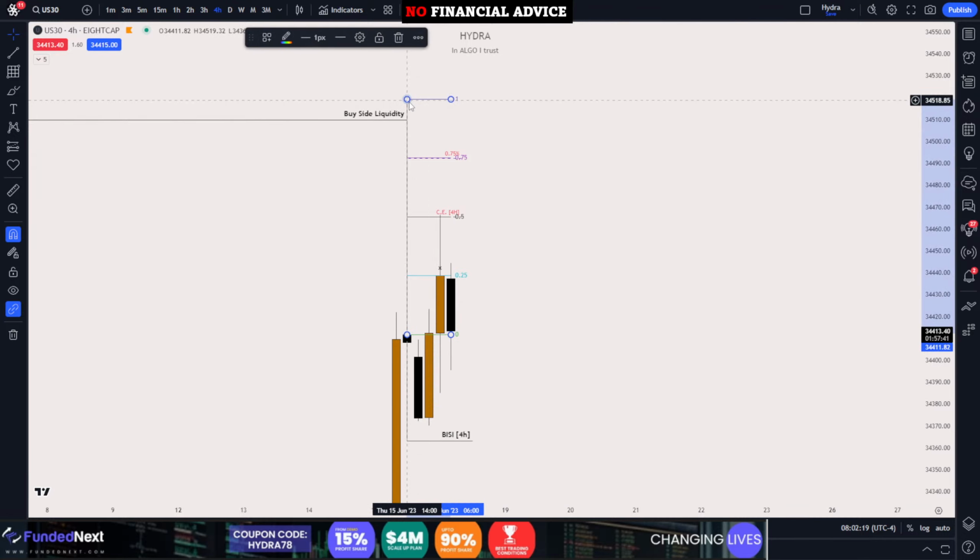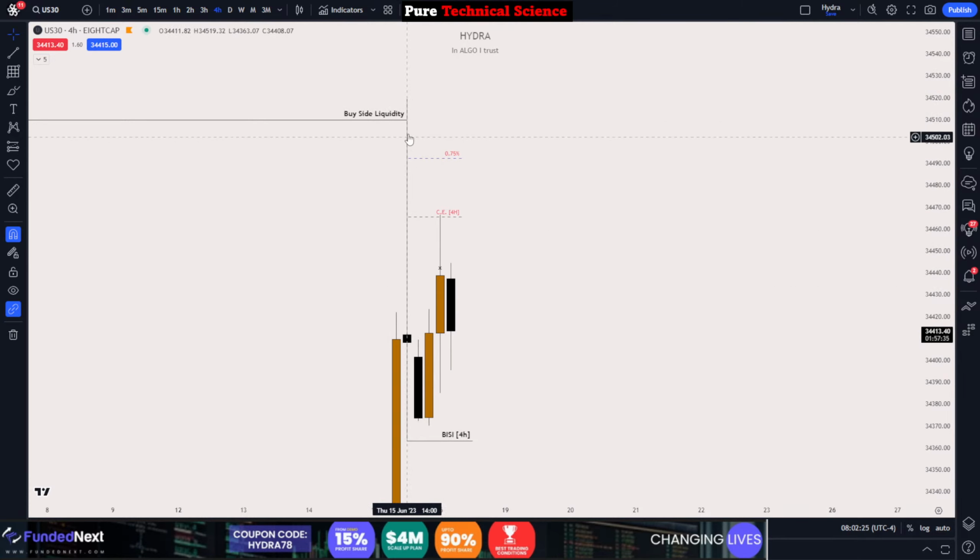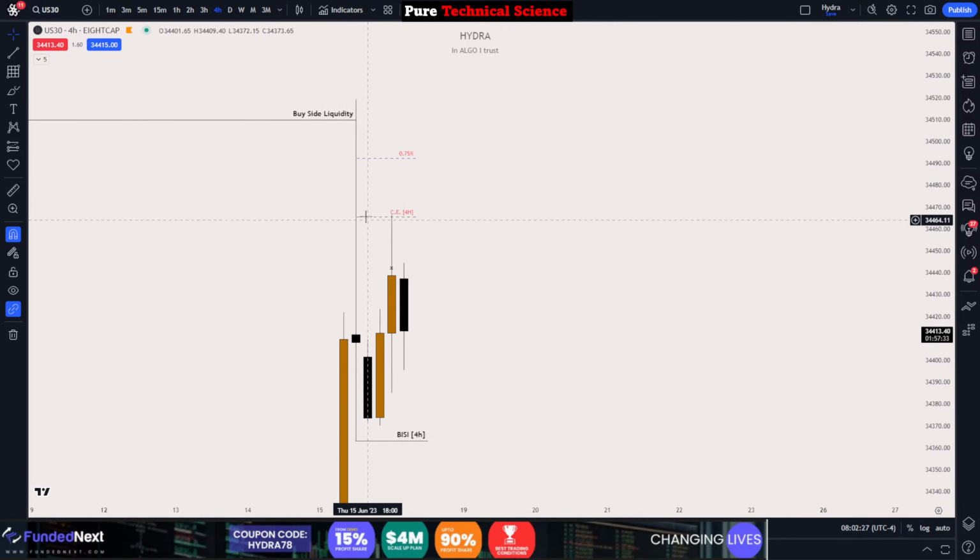We put our gun box, the measurement tool, here and measure the distance of the wick, and the consequent encroachment of this wick is right here. And as you can see, price came all the way up.